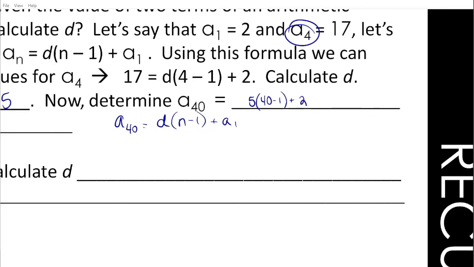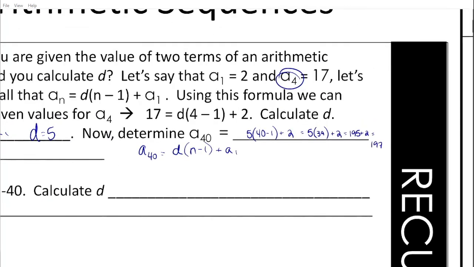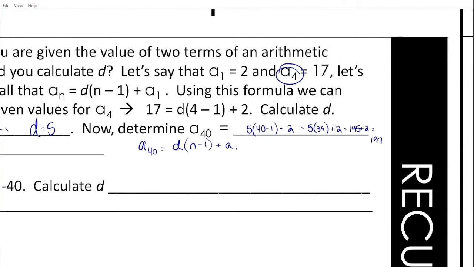So 5 times 39 plus 2. 5 times 39 is 195. So our 40th term would be 197. So we can kind of reverse engineer it to work.